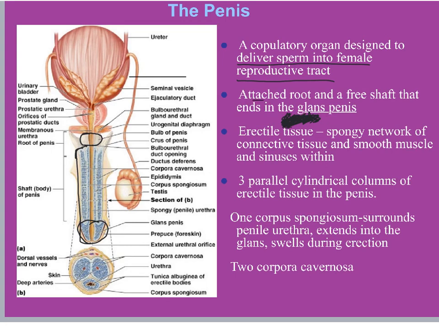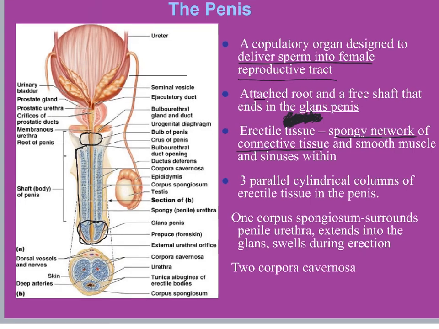The structure of the penis is such that it's made of what we call erectile tissue. And erectile tissue is essentially a spongy network of connective tissue that has many spaces in between.